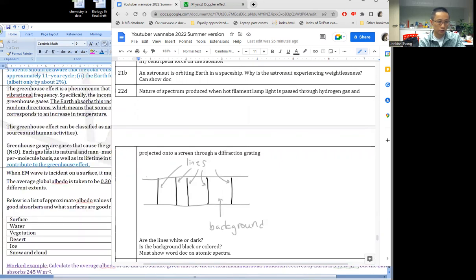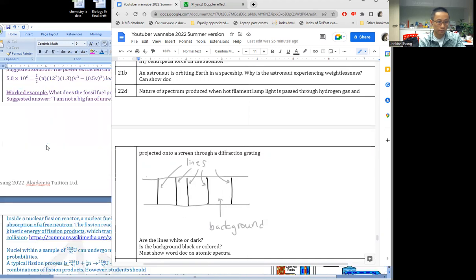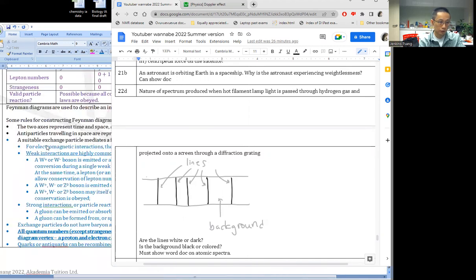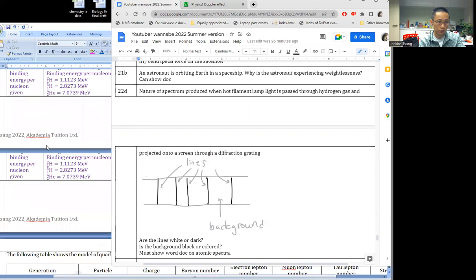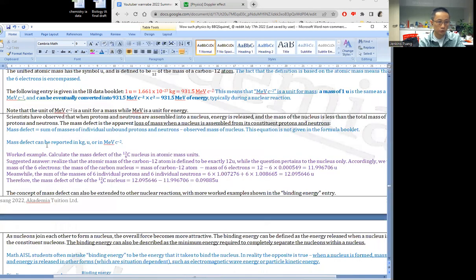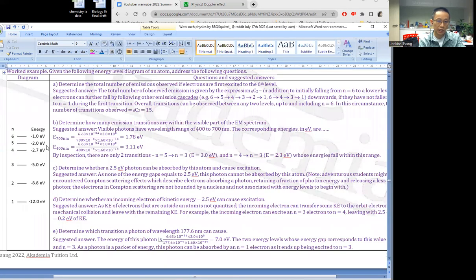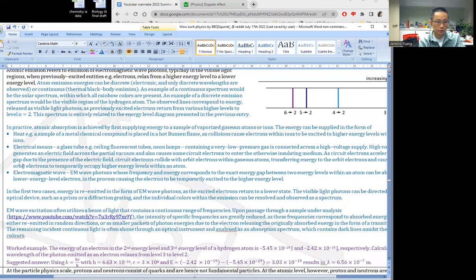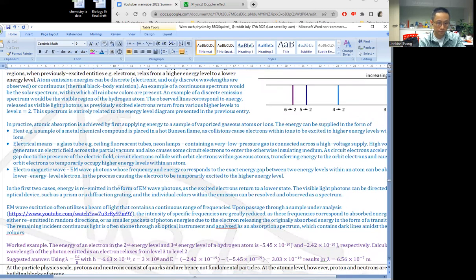First of all, the question is describing an absorption spectrum. I don't remember an absorption spectrum being tested before, but here I'm going to show you the notes. I don't actually have the absorption spectrum, sadly. But what happens is that you shine continuous light on a sample that's capable of absorption.